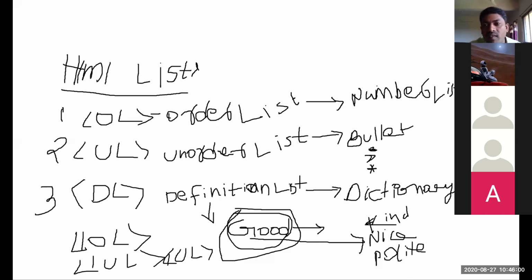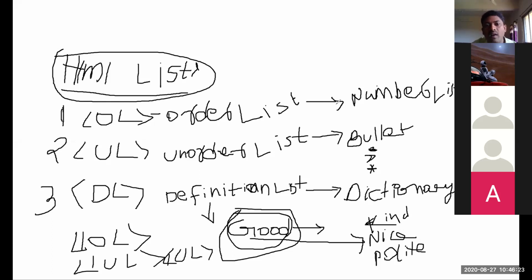In the examination they will ask a question like this: explain different kinds of HTML lists. So there are three kinds of lists. First one, ordered list.